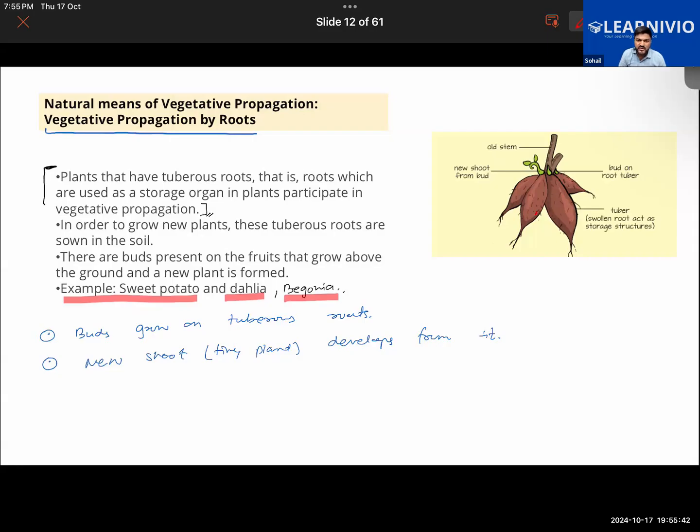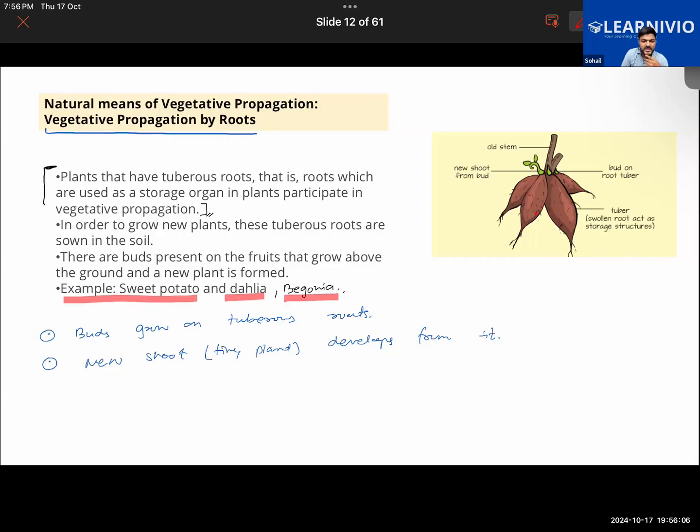What do we know about modified roots? Normal roots' function is simply to absorb water and minerals from the soil. But the modified roots are swollen and act as a storage organ, so they store the food. Their shape is changed and they are performing the function of storing food.